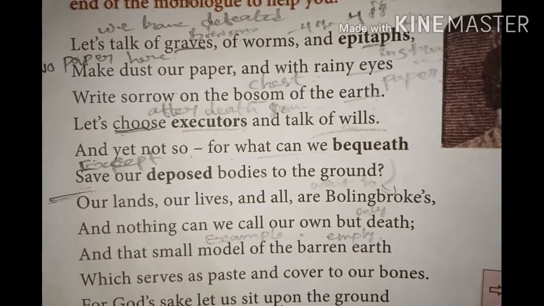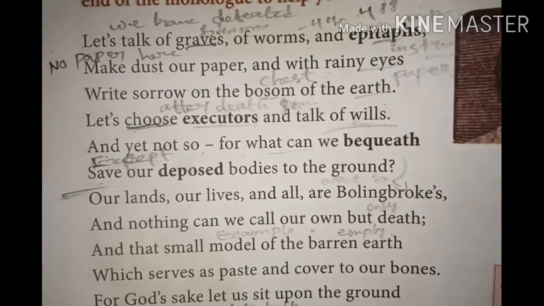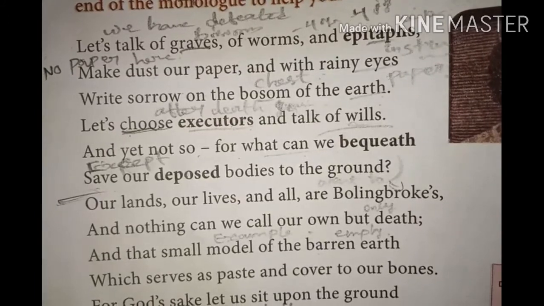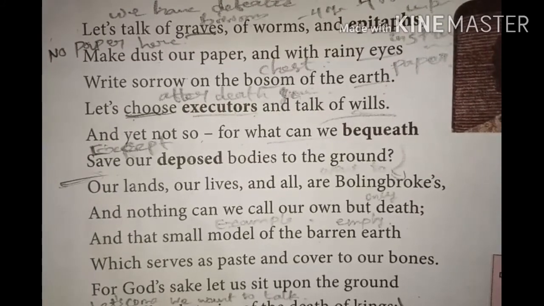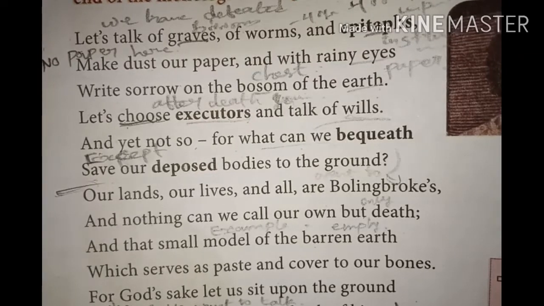So now you want to call the executors and ask them to talk of wills. Wills means his property is going to be handed over to other persons; this is called the talk of wills.